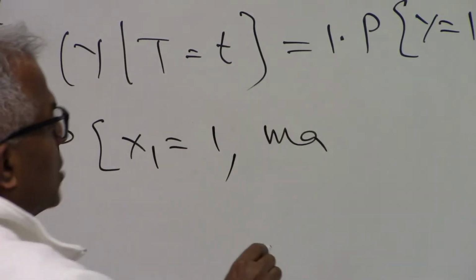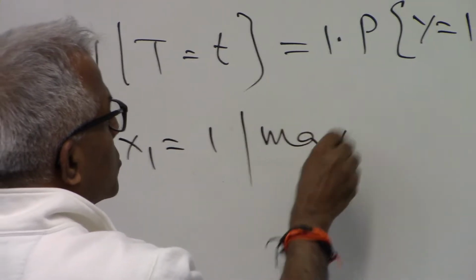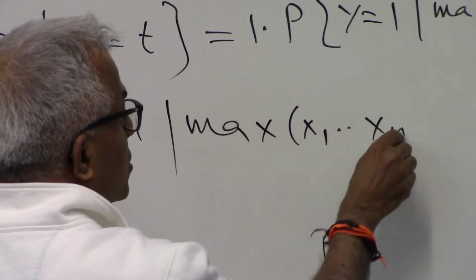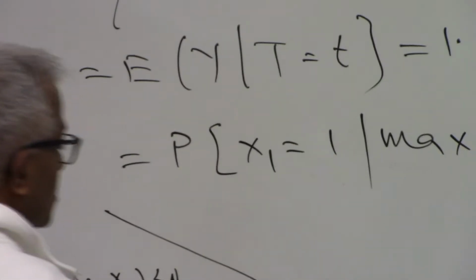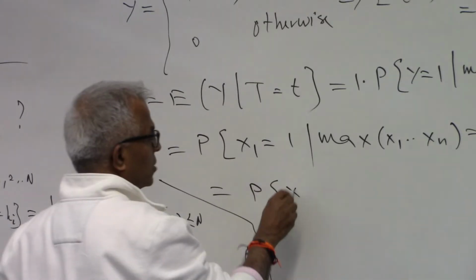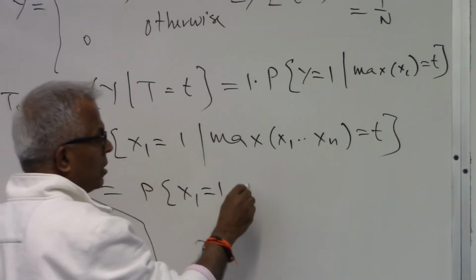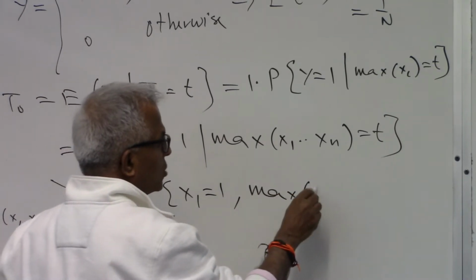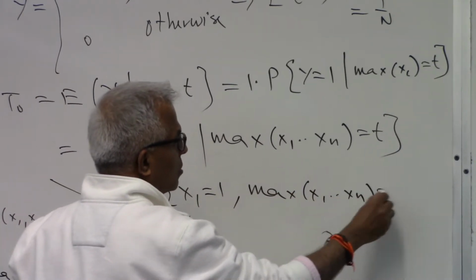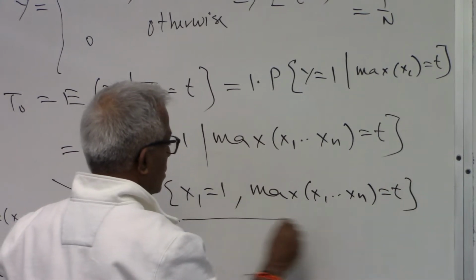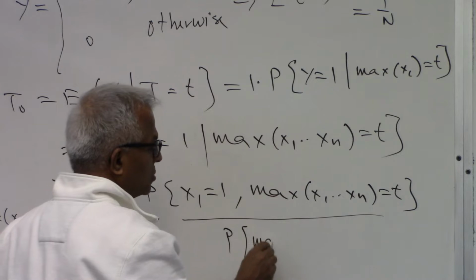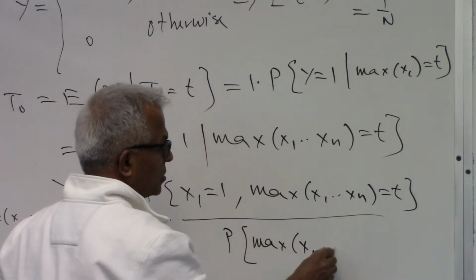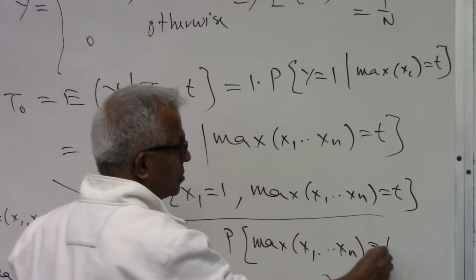So you could write this as the probability of x1 equal to 1 comma max of x1 through xn equal to t, divided by the probability of max of x1 through xn equal to t.